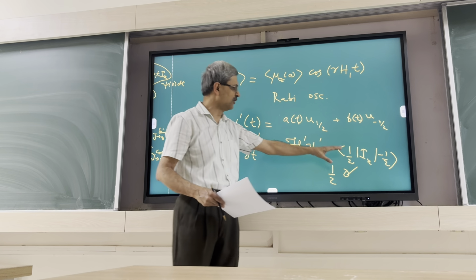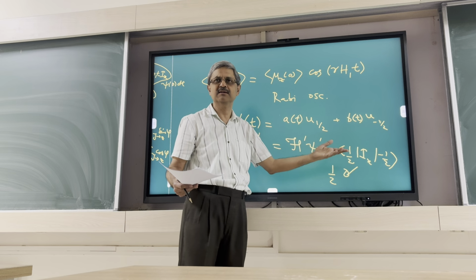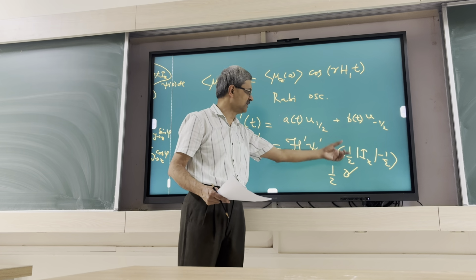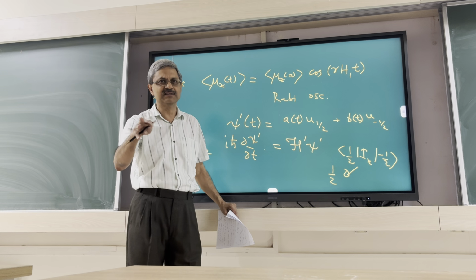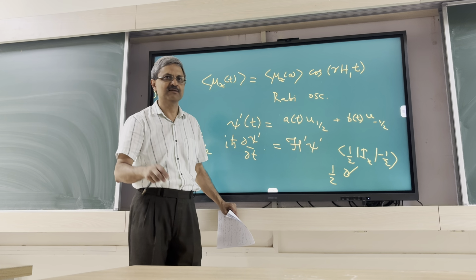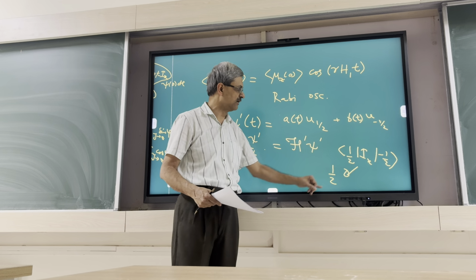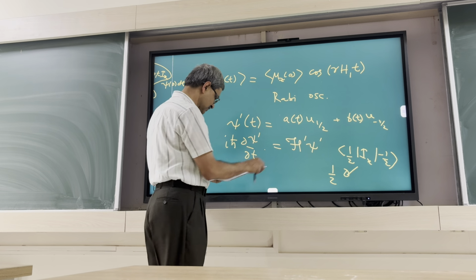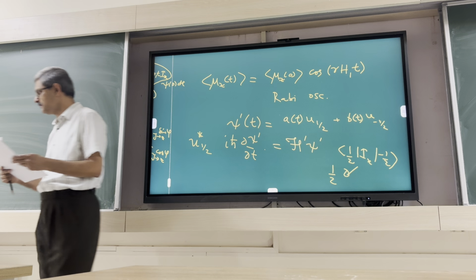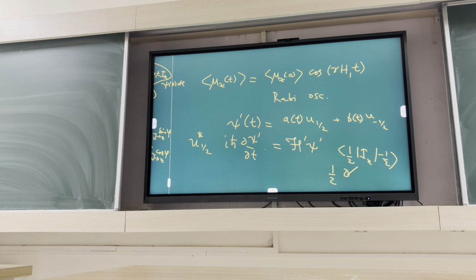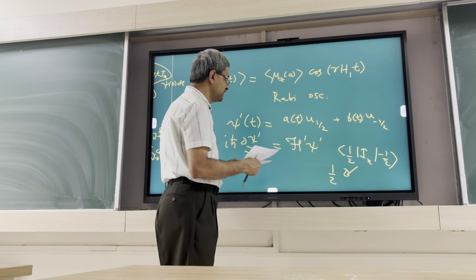So you do all that, and bracket half half is 1. Only the prefactor, square root of I plus 1 minus m times I plus m plus 1, so that will give you half. So with all that, you can determine what the coefficients are.